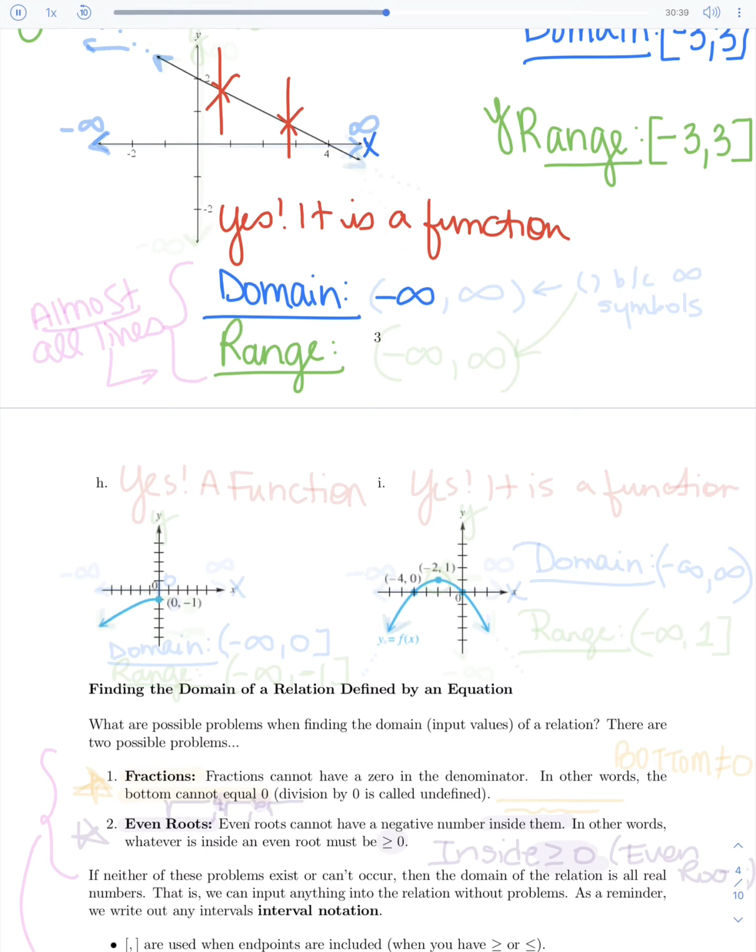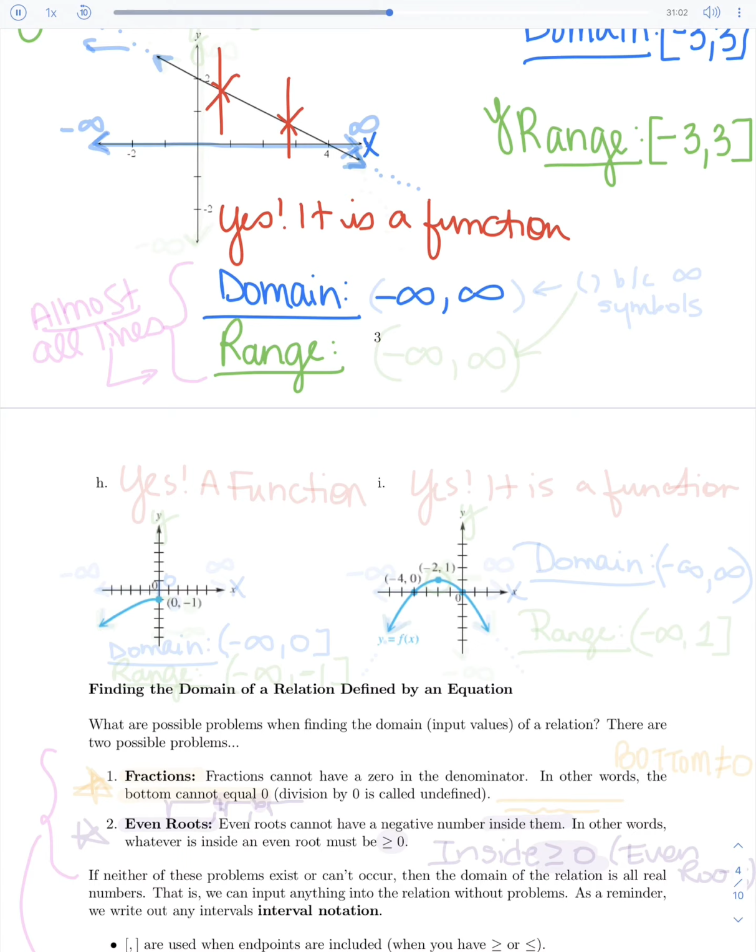Notice as you trace it to the right, it does the same thing on the other end. It's going to go to the right forever as well because of that arrow, which means it's going to go off to positive infinity on the right-hand side. Remember that infinities are special.